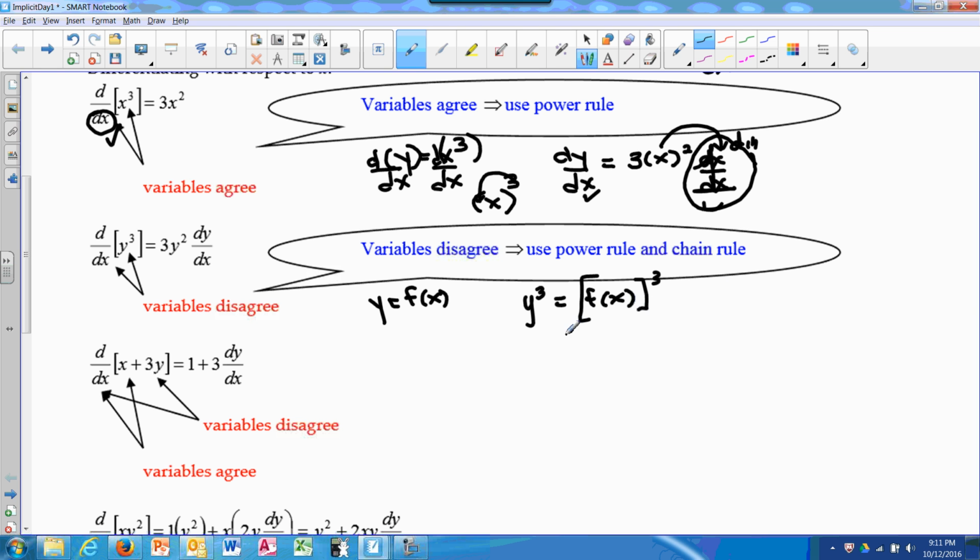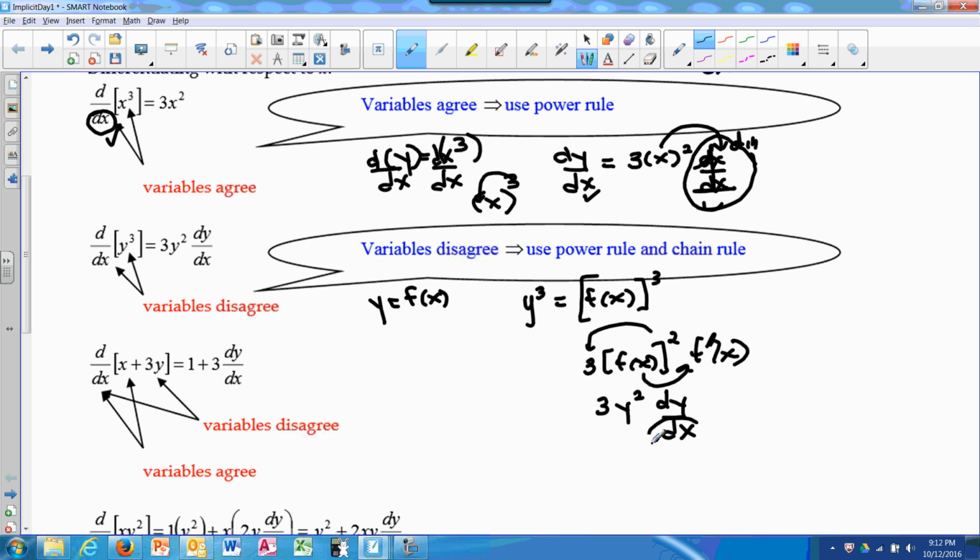So when I take the derivative, the power comes down. We reduce by 1. And then the chain rule says we have to take the derivative of the inside. And we know that our notation for f prime could also be written as dy dx.